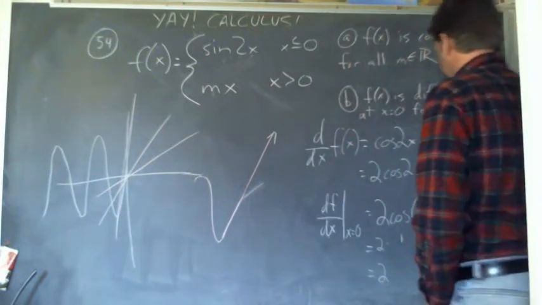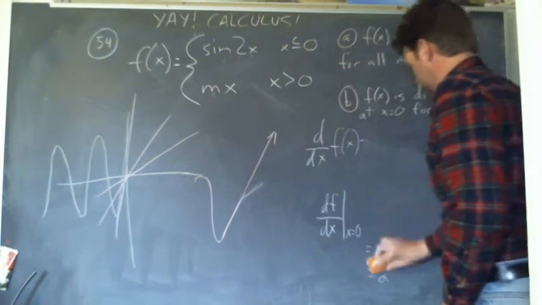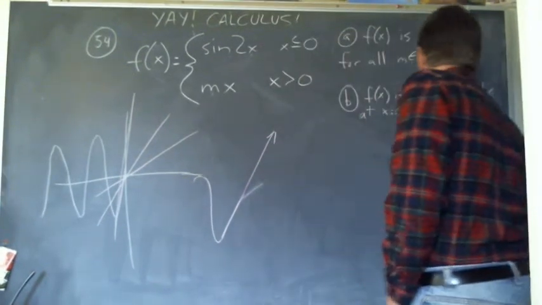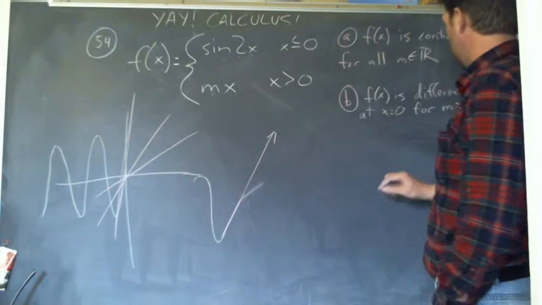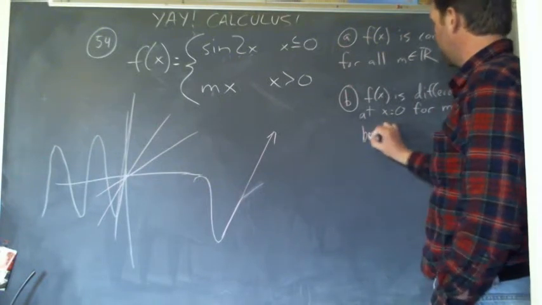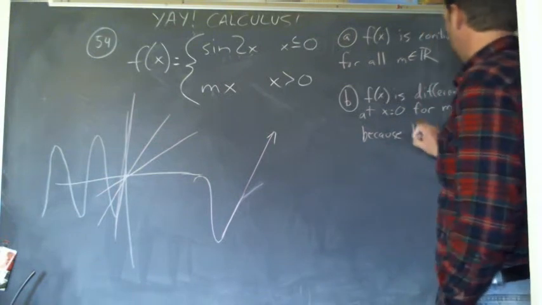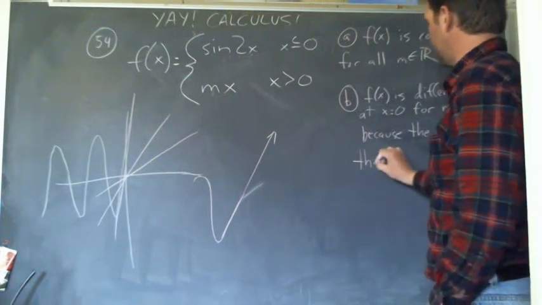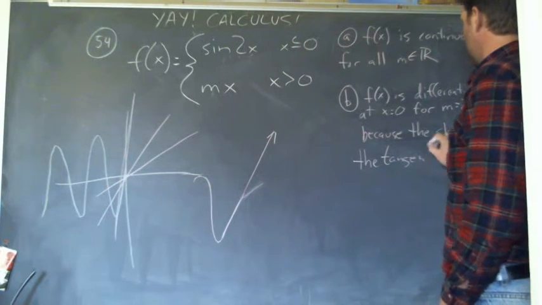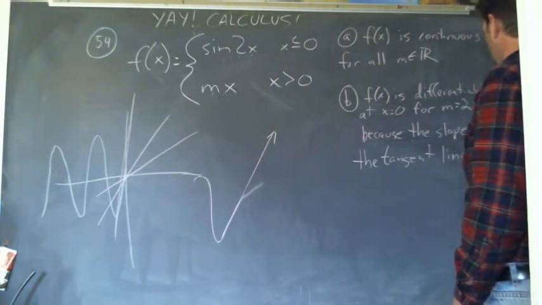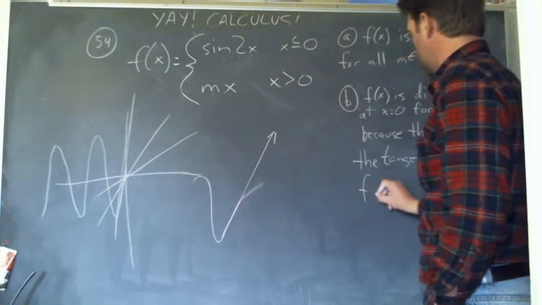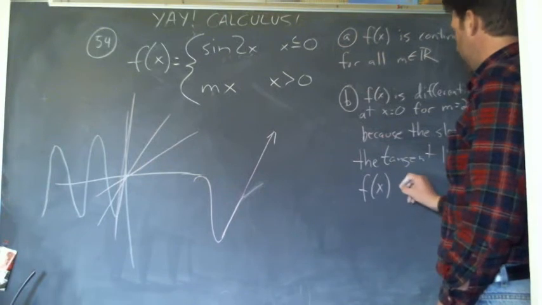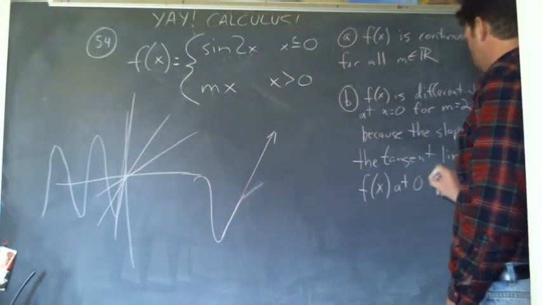And it does say explain. m equals 2 because the slope of the tangent line to f of x at 0 is 2.